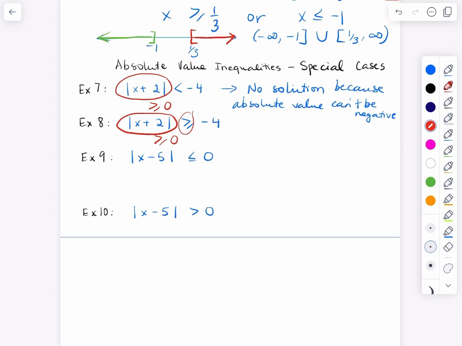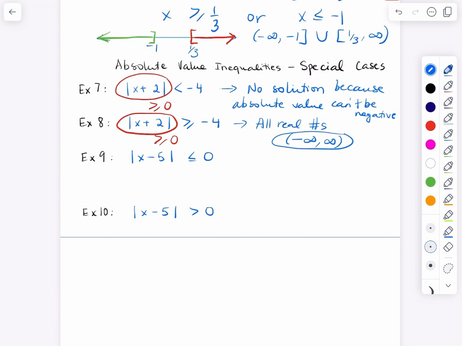In this case, we definitely satisfy the condition greater than negative 4, so that should make the statement true. Because it is always true, the answer for this would be all real numbers, or you can say negative infinity to infinity. That would be the answer.